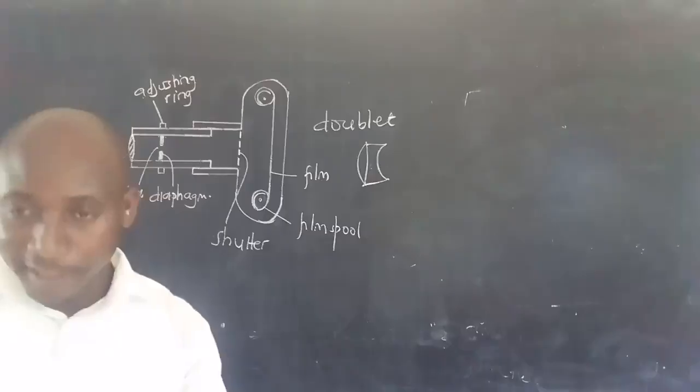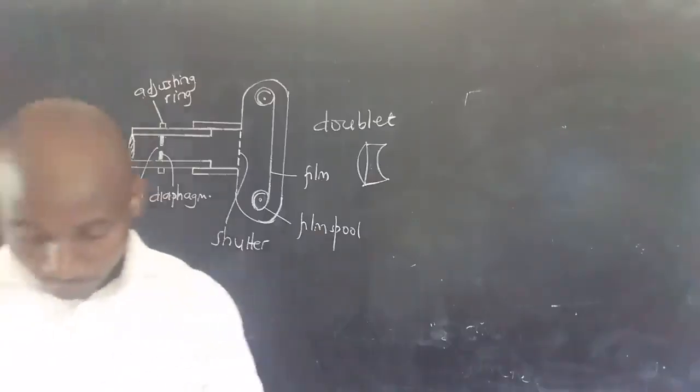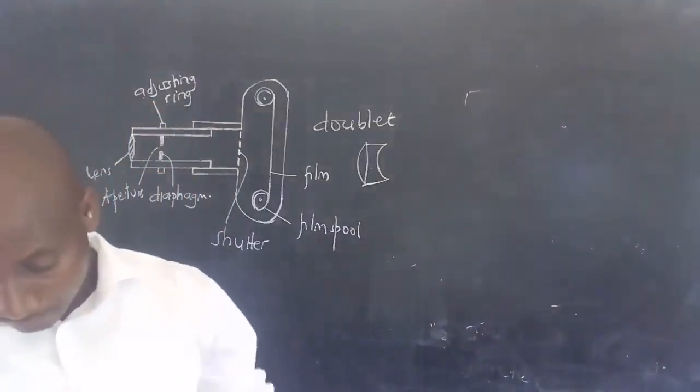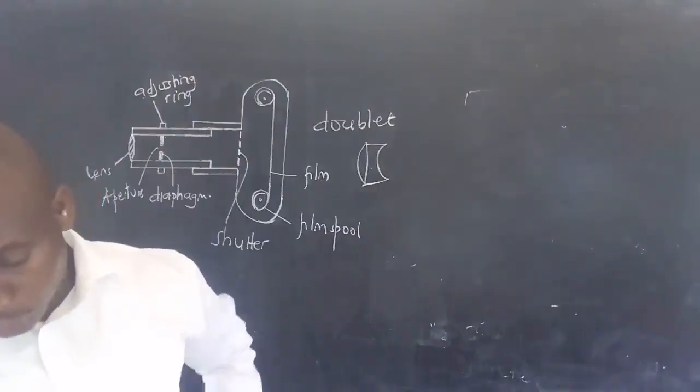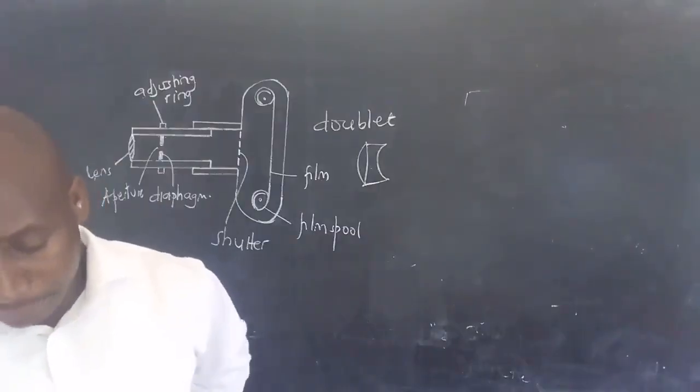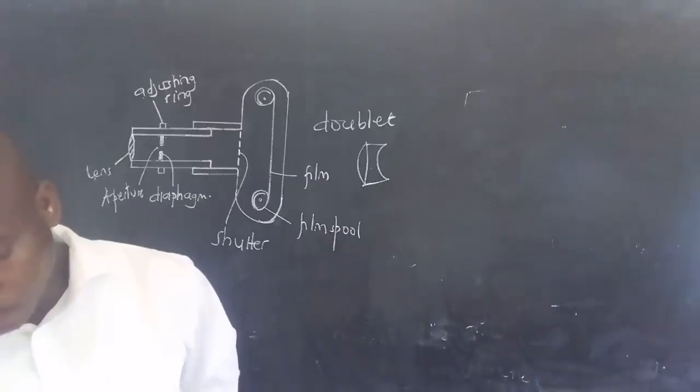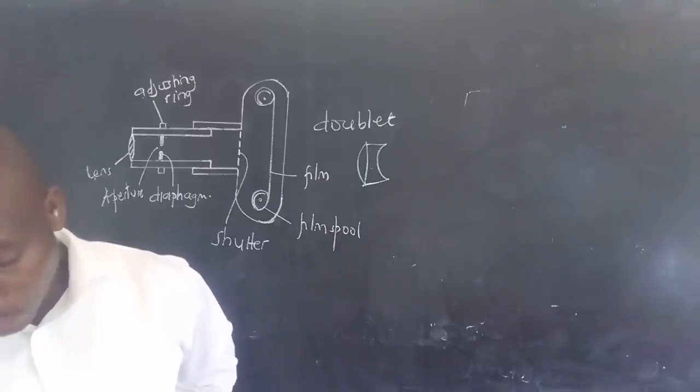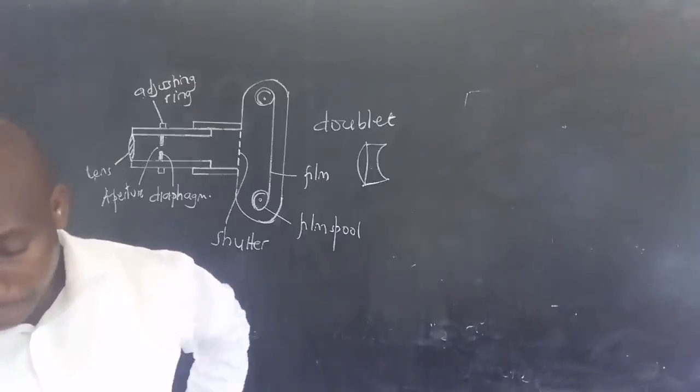Let us look at eye defects and their correction. Eye defects are caused by inability of accommodation. So the first eye defect we look at is long-sightedness or hypermetropia.